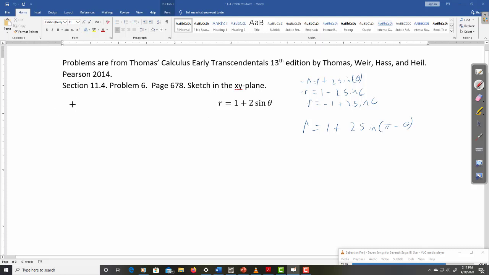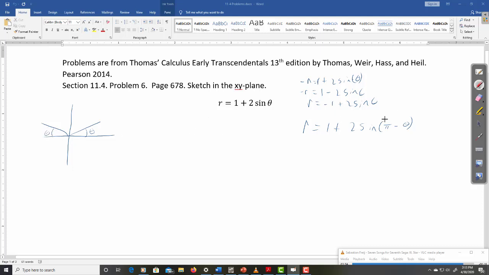If I think about that, here I've got theta. Pi minus theta would also be up here.